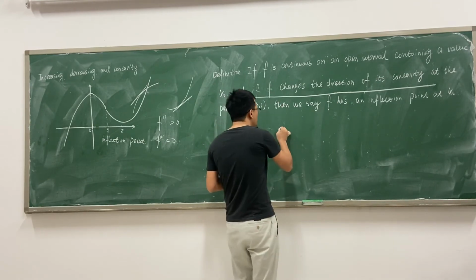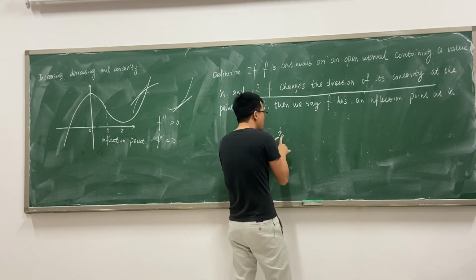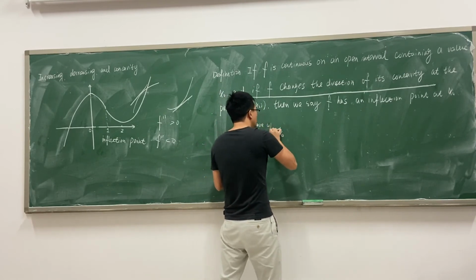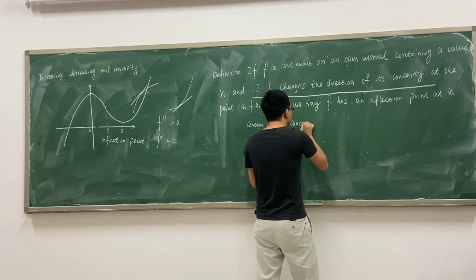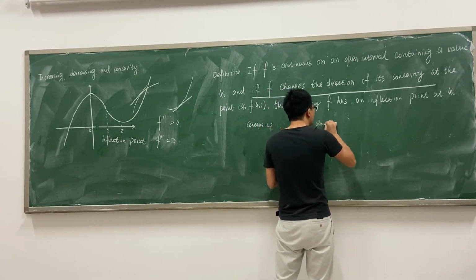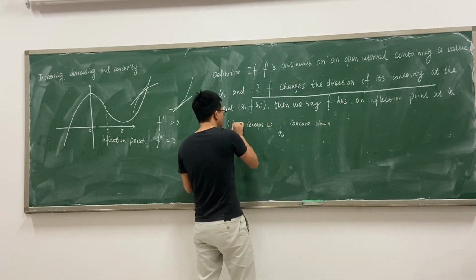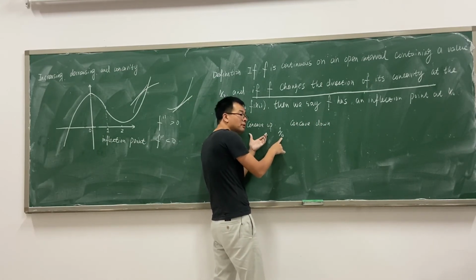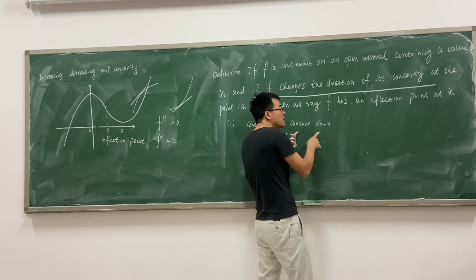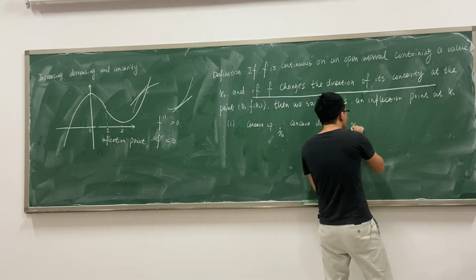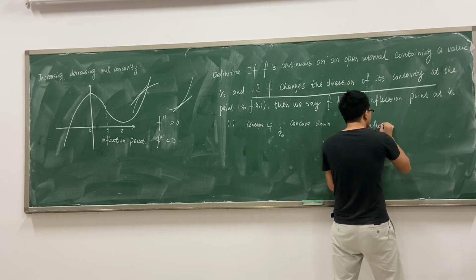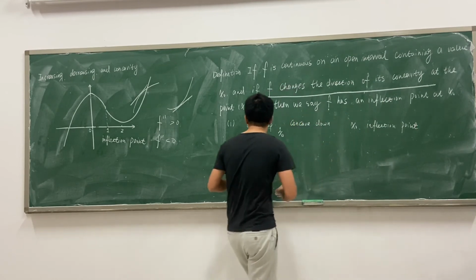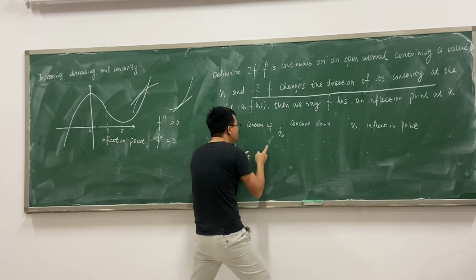For example, this is x0. If the left is concave up, the right is concave down, this is the first case. If on the left of the point x0 is concave up, and on the right of the point is concave down, then x0 is the inflection point.